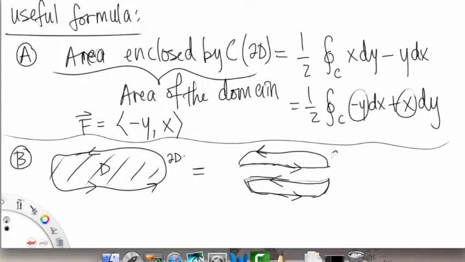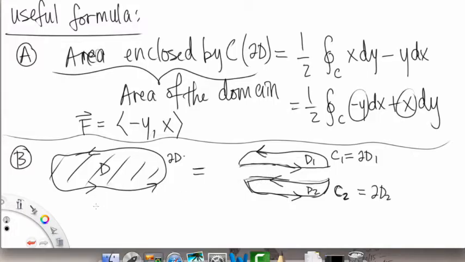So what we have here, I'll call this C1, and this will be C2, or you could also consider that boundary of D2. So this is our domain 1 and domain 2 once you split them up. C1 is the boundary for D1, and C2 is the boundary for D2.